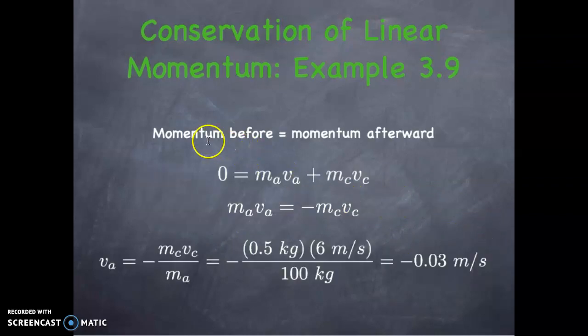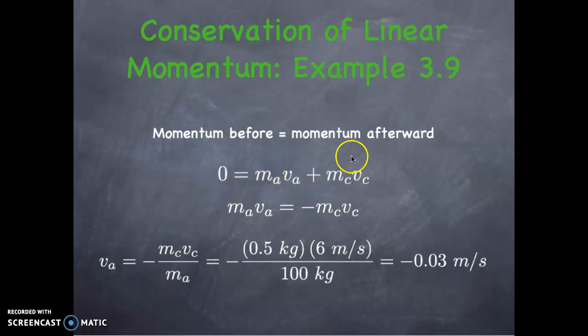Here's the mathematics. Momentum before equals momentum after. There's nothing moving until the astronaut throws the camera. So it's zero on the left-hand side, because if there's no speed, although there's mass, there's no momentum.